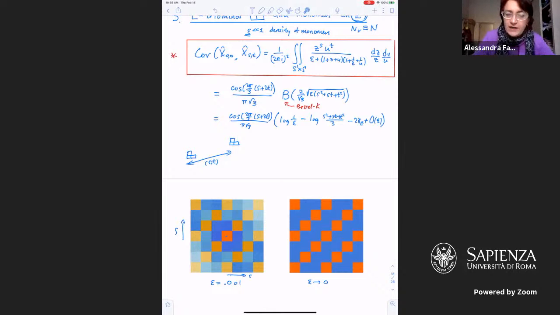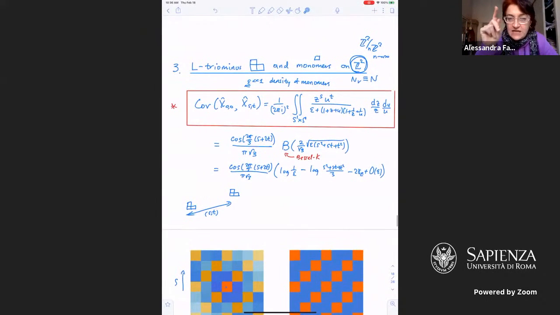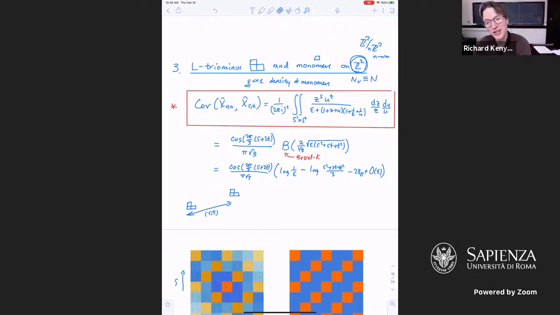Sorry, Richard, I have a question. So in this model, you have a capital N, which is the vertex multiplicity, and a small n. So you first take the limit capital N going to infinity, and after the limit small n going to infinity? That's right. You have to be careful about the order of limits, and I've been a little bit glib about talking about that.